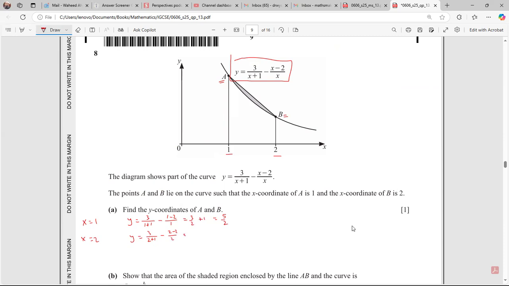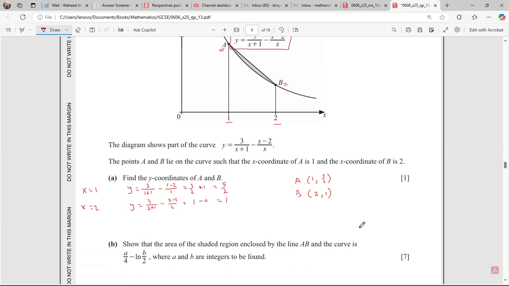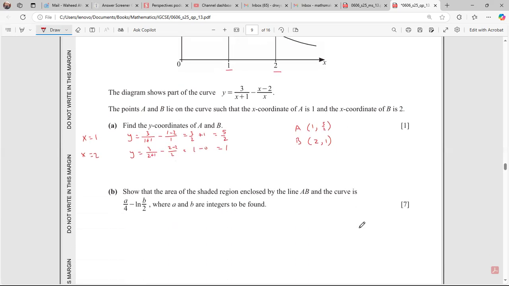So 3 over 3 is 1, minus 0. So this is 1. So A has coordinates 1 and 5 by 2, and B has coordinates 2 and 1. Let's do part B now.